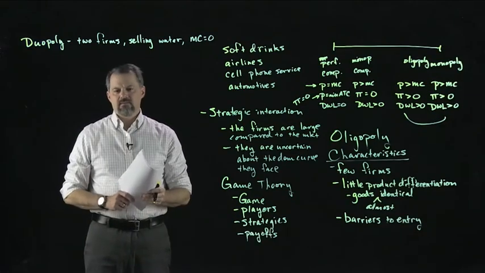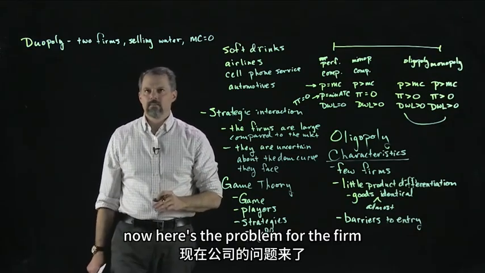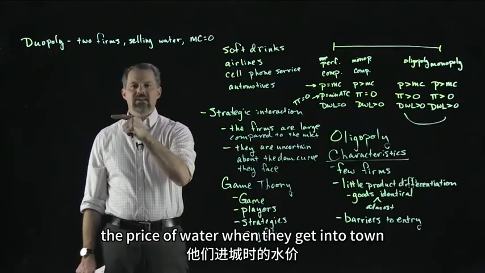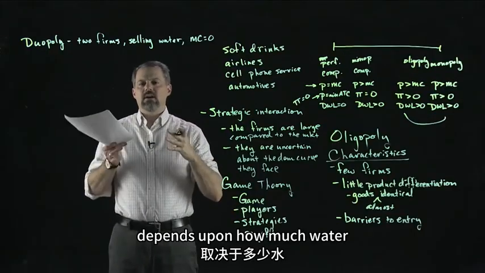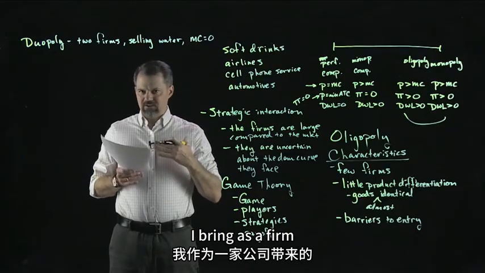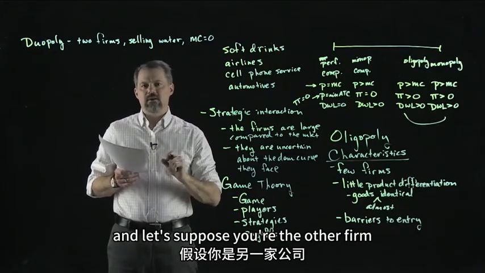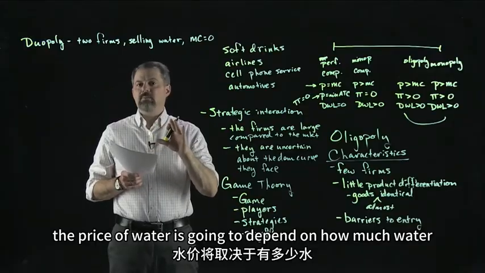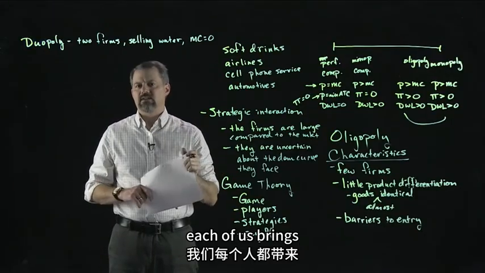Now, here's the problem for the firm. The price of water when they get into town depends upon how much water I bring as a firm. And let's suppose you're the other firm. The price of water is going to depend on how much water each of us brings.